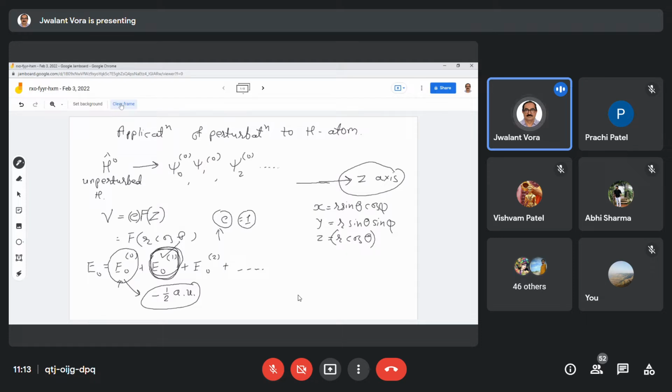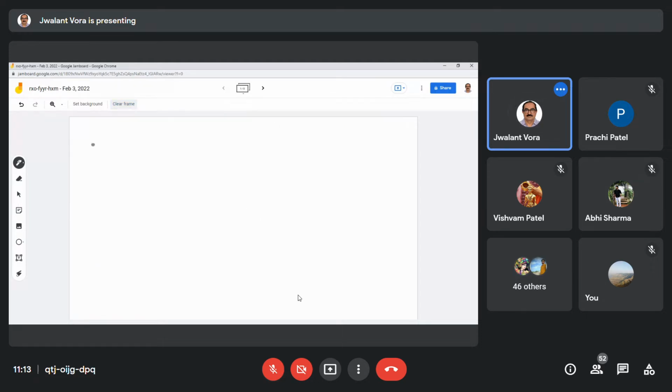So rewriting it, E0 is equal to E0 for the ground state plus F into R cos theta. So now let us calculate for this one.